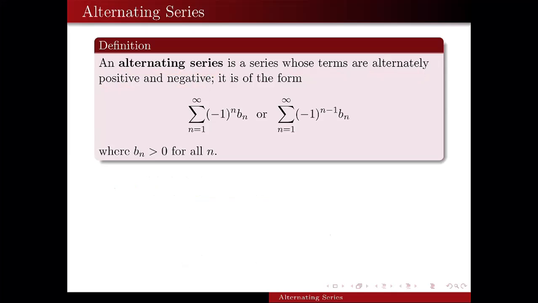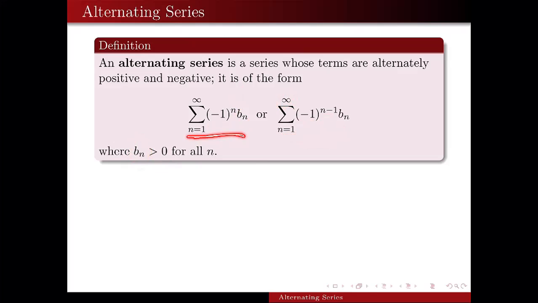So it could be of this form: the sum from n equals 1 up to plus infinity of negative 1 to the n bn, or the sum from n equals 1 to plus infinity of negative 1 raised to n minus 1 bn, where our bn are positive for all n. So you can write them either this way or this way.